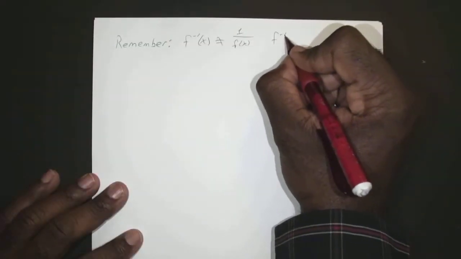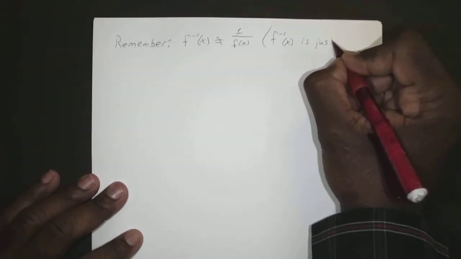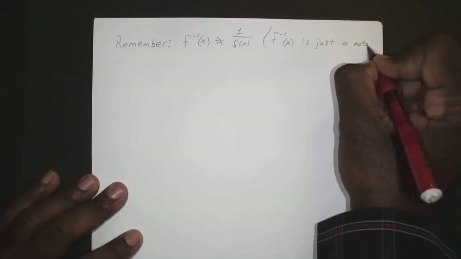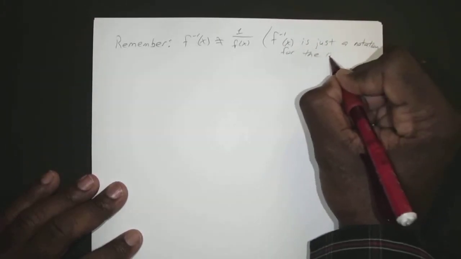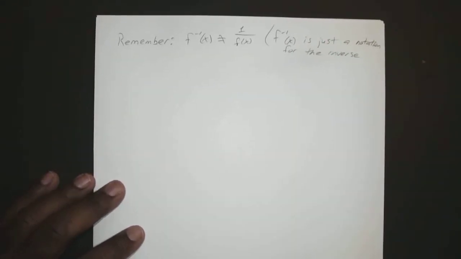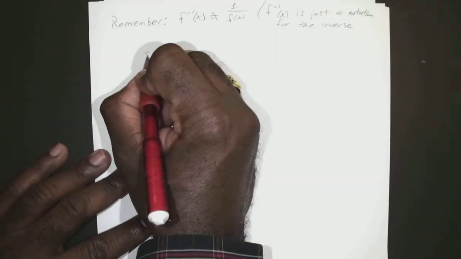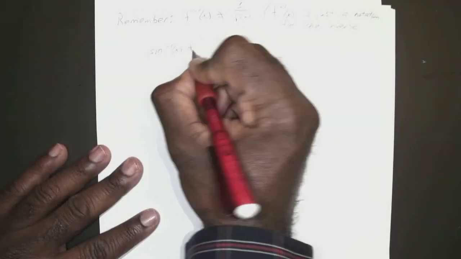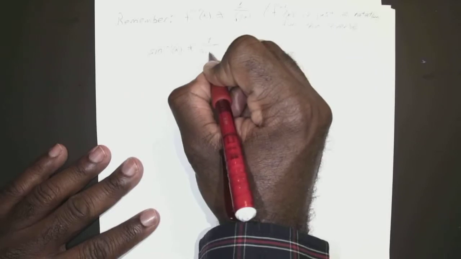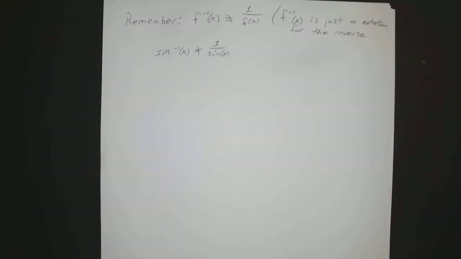So f inverse of x is just a notation for the inverse. It's the same thing for sine inverse of x. It's not the same as 1 over sine of x. So you don't want to make that mistake.